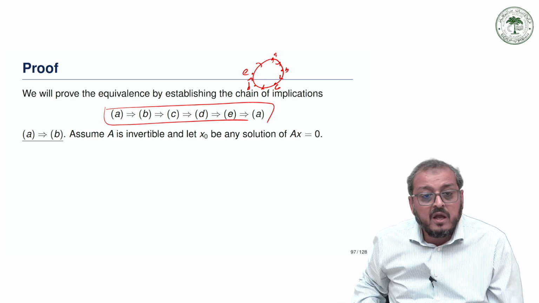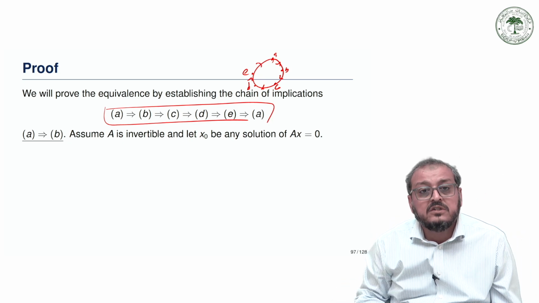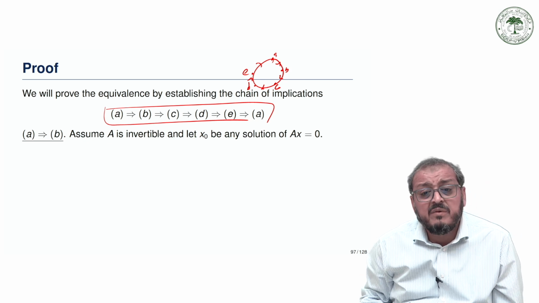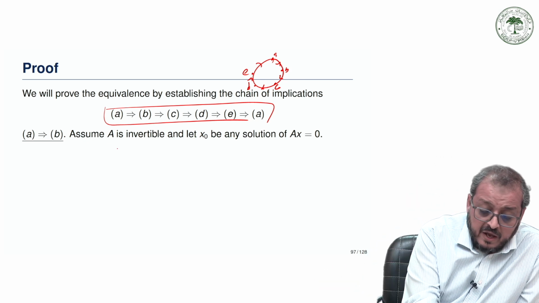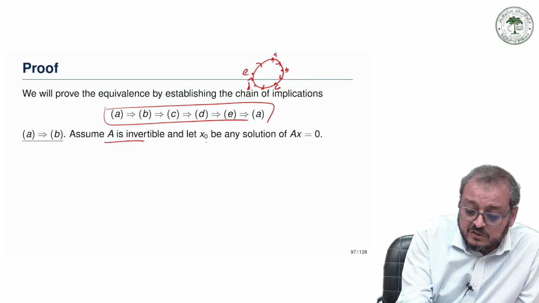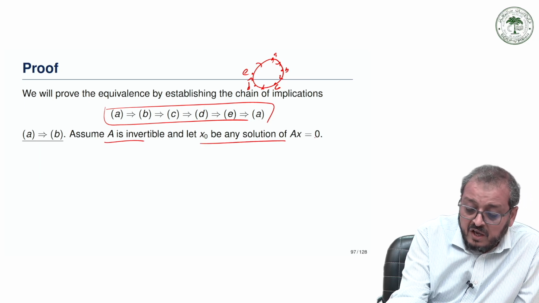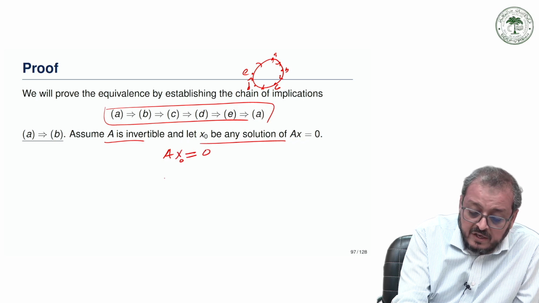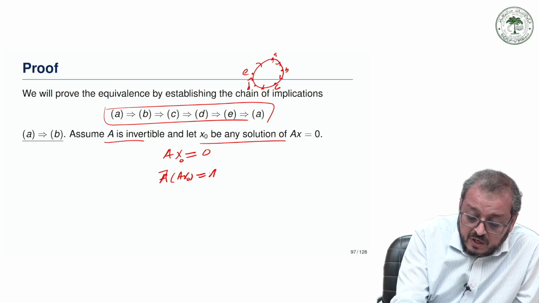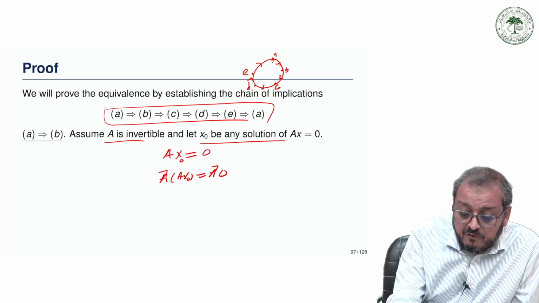So A implies B. If A is an invertible matrix, then Ax is equal to 0 has only the trivial solution. Assume that A is invertible and x naught is any solution of this. Then Ax naught is equal to 0, and because A is invertible, we can write A inverse A x naught is equal to A inverse times 0, which is the 0 matrix.